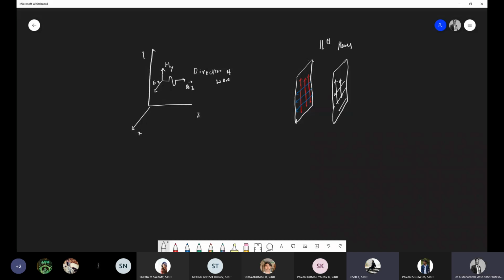And this is Hy, and this is Ex. And this could be located in three-dimensional coordinates.